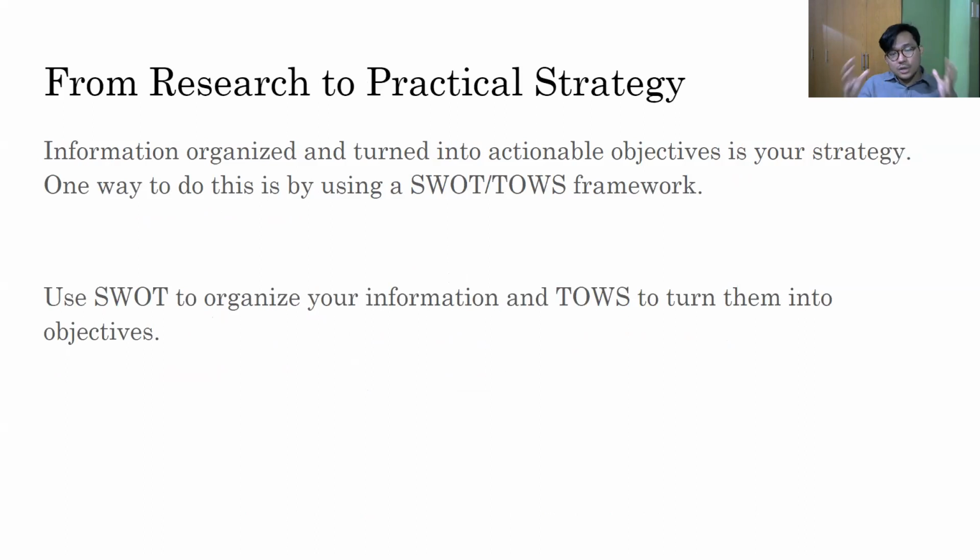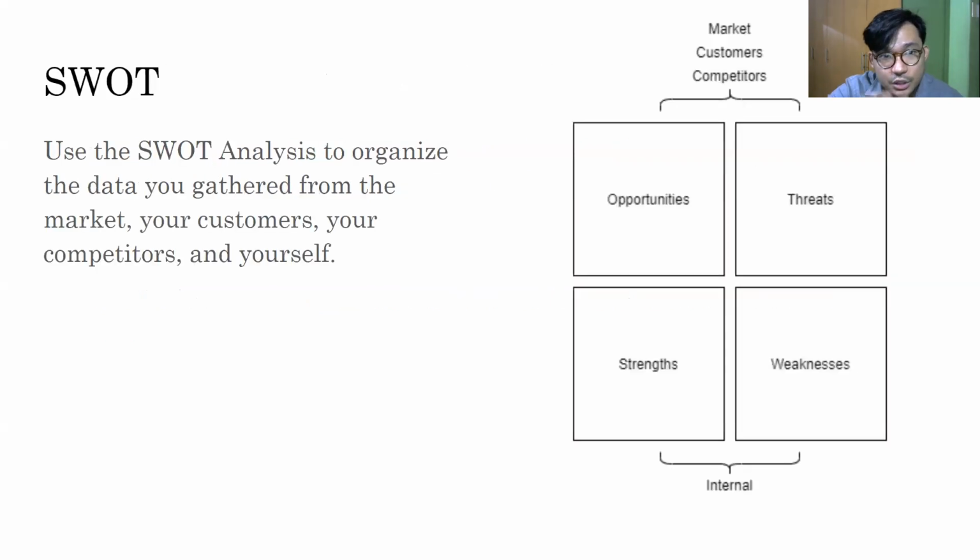The way we're going to do this is using a SWOT analysis coupled with the TOWS matrix. If you're not familiar, SWOT stands for strengths, weaknesses, opportunities, and threats. And the TOWS matrix is a way of mixing and matching these different things to come up with a coherent strategy. All right, so this is what your SWOT looks like.